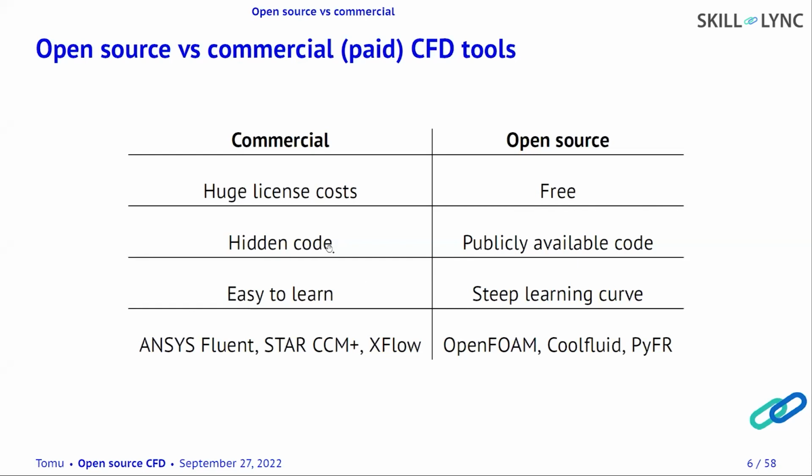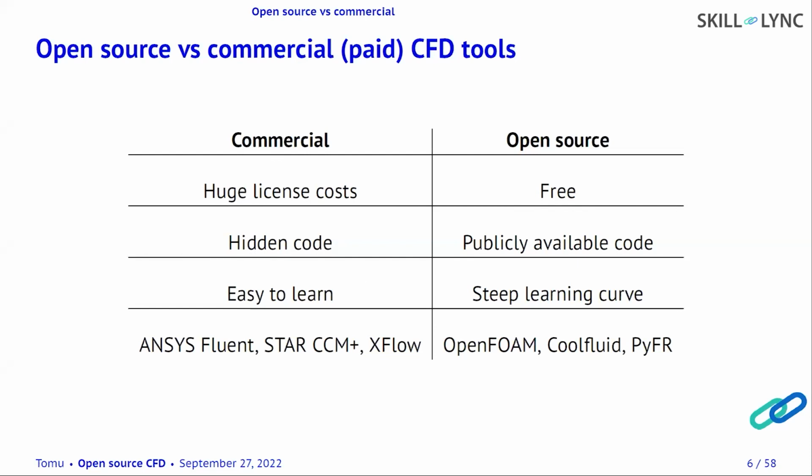One problem with commercial tools is that the code is hidden. Whatever simulation you are running, you won't be able to see what is happening in the backend or inside the software, what code is being run. The problem is you will only have your input and your output. You can't change what is happening inside.